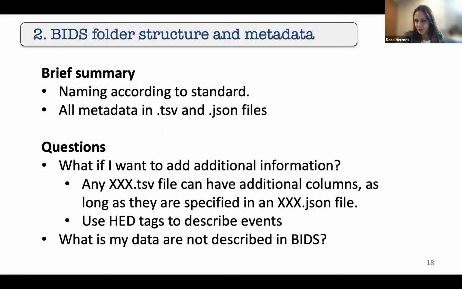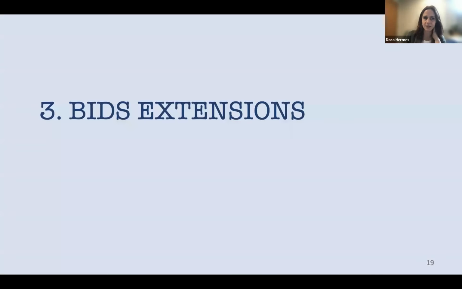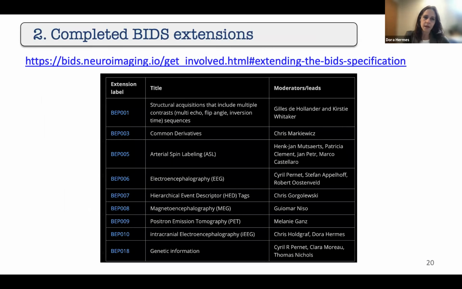But what if my data is not described in BIDS? For example, that was our case initially for intracranial EEG data. There are many ongoing BIDS extensions. I will be showing several links throughout this talk, and at the end of my talk I have a slide showing the links, because much of the information I'm showing today is available online.